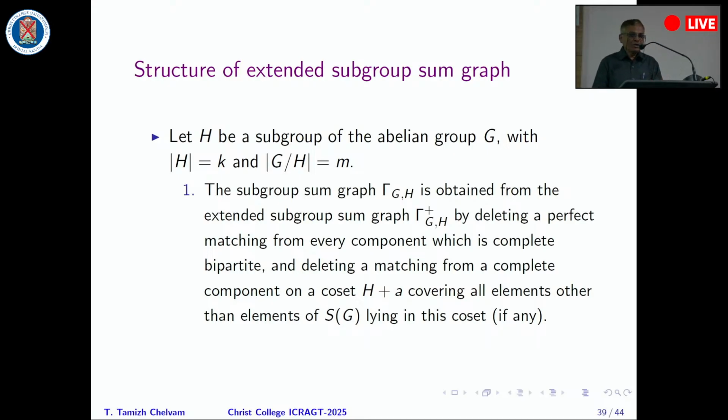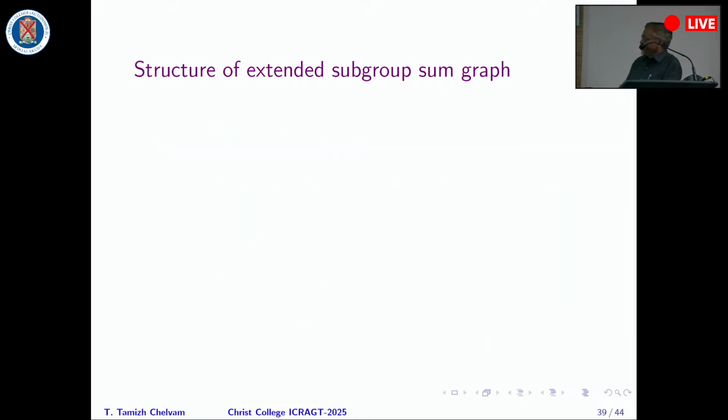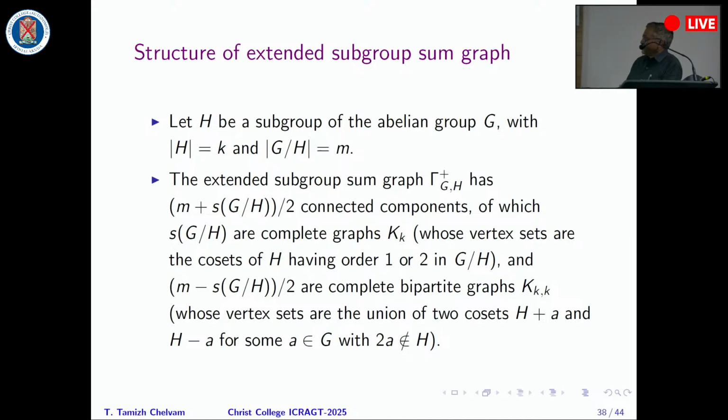What we do, we know the structure of the extended subgroup sum graph. The entire structure is known. It is the union of complete graphs and complete bipartite graphs. So from the complete bipartite component, you delete a perfect matching. From the complete component, you delete a set of vertices.